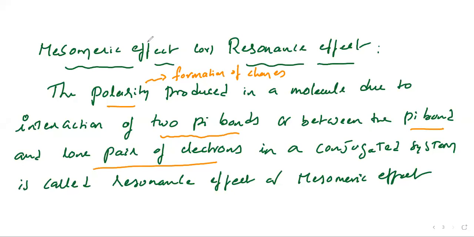Attacking reagent means the species which is going to attack the substrate molecule. In the last class I gave the definition of substrate. Substrate is the molecule which takes part in the chemical reaction.